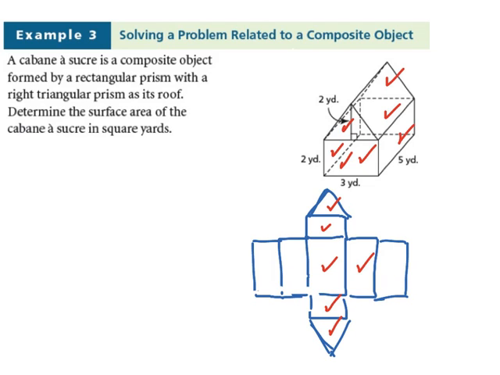And the roof sides, there's one and there's another one. So we are dealing with 1, 2, 3, 4, 5, 6, 7 rectangles and 2 triangles. So we're going to label the sides that we know. That's 5 yards. We also know that this is 3 yards.